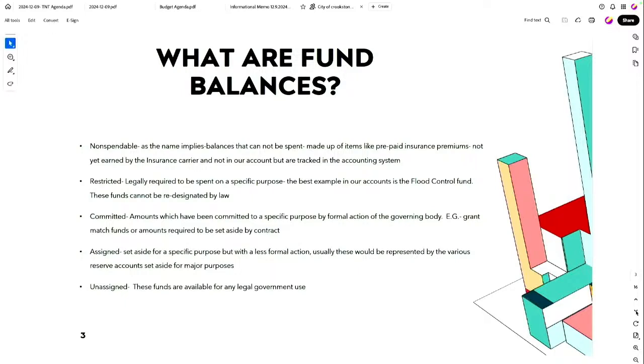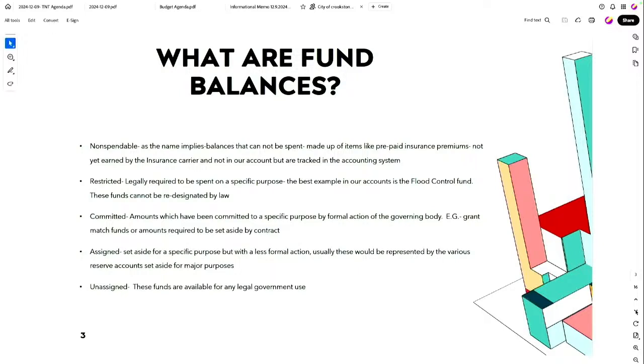Administratively, I can move $25,000 from that pump to the roof. It's a little bit less restriction, a little bit less action required. Obviously, we would then notify the council that we moved those funds around. The last is unassigned. These funds are not committed to any specific purpose, and they're available for any legal government use.